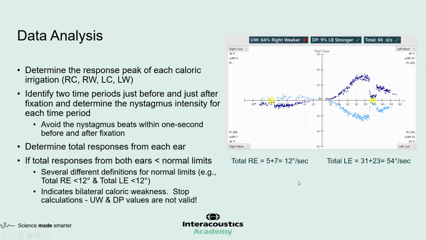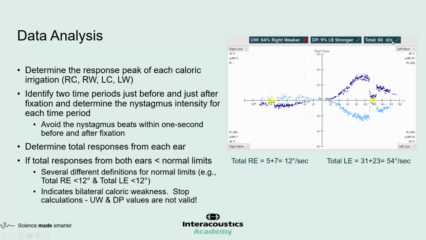In that case, you should stop. You should not calculate unilateral weakness or directional preponderance, as we'll talk about in a minute. Those values are usually not valid anymore. In this particular case, one side is 12, but the other side is substantially higher than 12, so this patient definitely does not have a bilateral weakness, so you can proceed with the rest of the calculations.